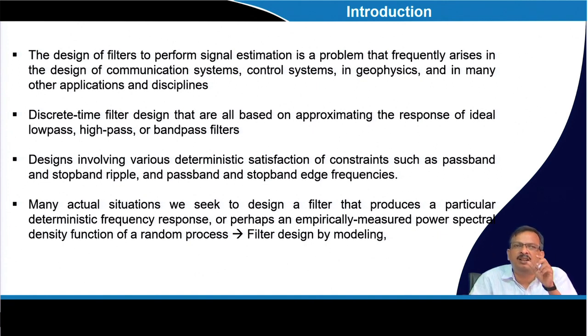So for estimation of a signal, we definitely use the filter, and in many applications like communication systems, control systems, geophysics, and many other applications and disciplines, we use the filter for signal estimation.